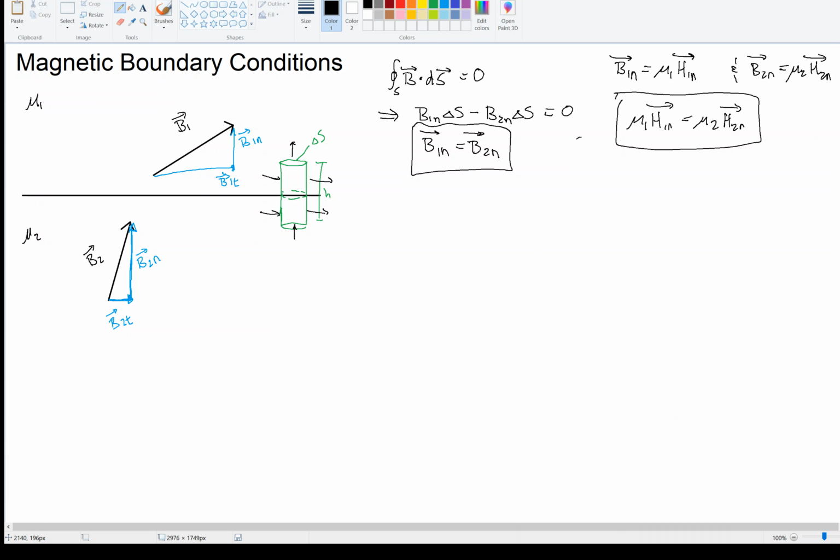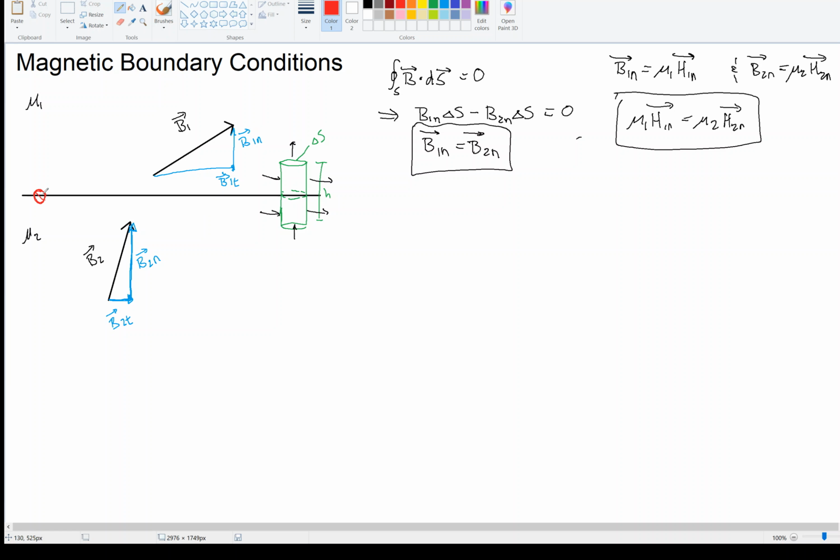Okay, our initial problem was related to the magnetic flux density B, so let's try to get the tangential component of B now. How does that change, if at all? We're going to assume a general case here, where maybe the interface is carrying current on the surface.